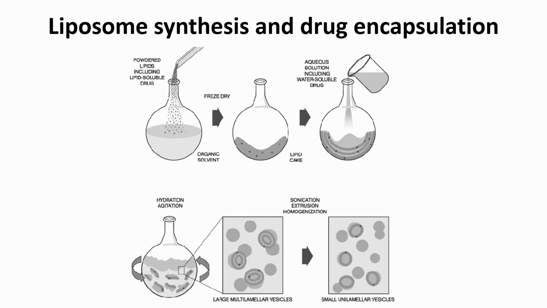So, a round bottom flask is very widely used, although there are other types of flasks that are also being used. What you have is powdered lipids, which are derived from the cell, and these are added at a certain ratio to an organic solvent. This could be chloroform or something else, DCM.